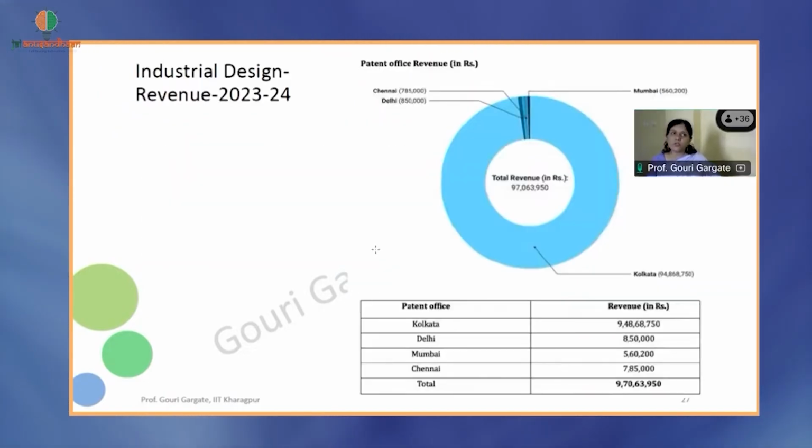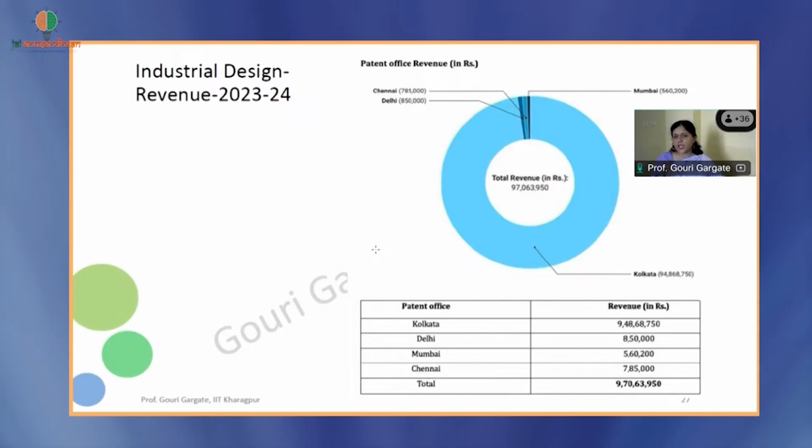When we see the revenue generated from this intellectual property alone, we can see Kolkata, because the head office for industrial design is Kolkata. There are 4 offices where you can file your industrial design registration: Mumbai, Delhi, Chennai, and Kolkata.